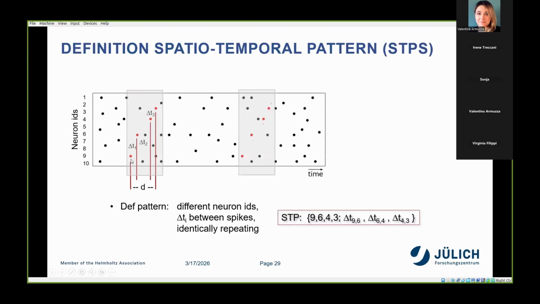So what do I mean by this? I have spike constellations where one neuron is firing and then another one some delta t later, and then yet another neuron firing, yet a delta t later, and so on, with a total duration of d, and with this exact timing repeating several times.